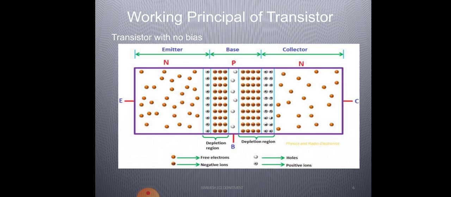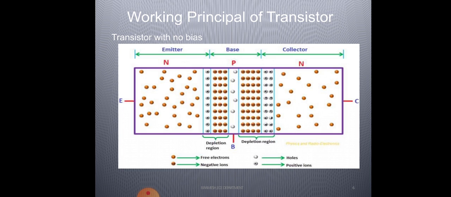So NP means these two materials combine and form a junction, which is called the depletion region. Similarly, when we combine the base and collector materials, they also form a junction, called the collector base junction. And this input side is the emitter base junction.